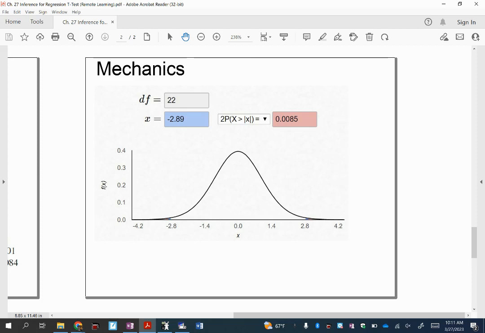Now let's try to do the conclusion, right? What did we assume at the beginning about these two variables? That there's no linear association. So if we're throwing that out and going with the alternative, what's the alternative hypothesis? That there is a linear association.